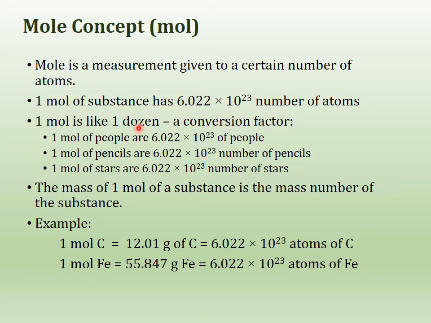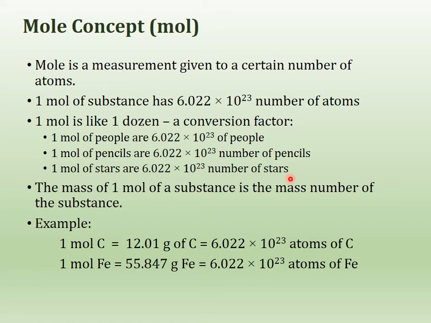When you say you have a dozen of something, it means you have 12. When you say you have 1 mole of something, it means you have 6.022 times 10 to the power of 23 of something. So 1 mole of people is 6.022 times 10 to the power 23 people, 1 mole of pencils is 6.022 times 10 to the power 23 pencils, and so on.